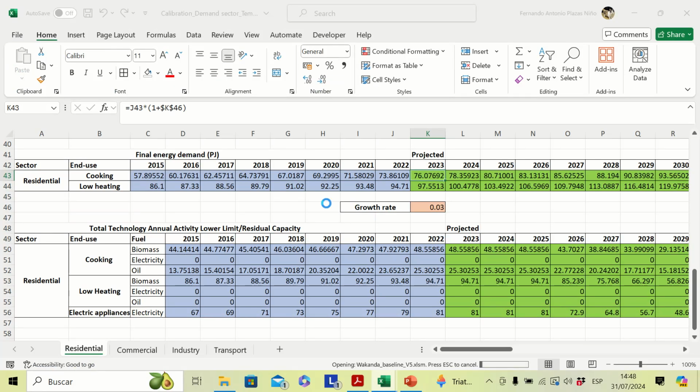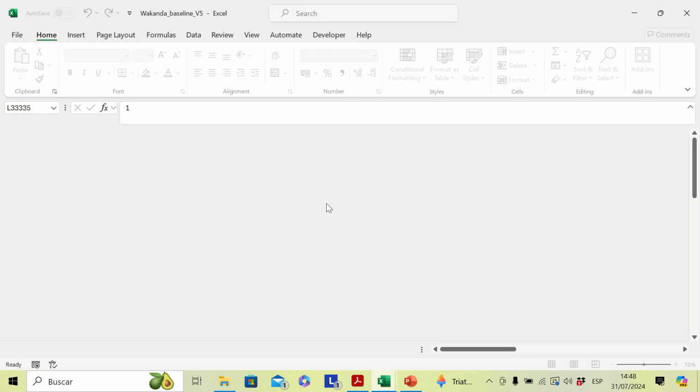In the meantime, don't forget that as we are doing this progressively, we will do the residential sector, after that commercial, after that industry, and finally transport. It's very important that after each step we try to save the file, then run the model, and guarantee that everything is running successfully.